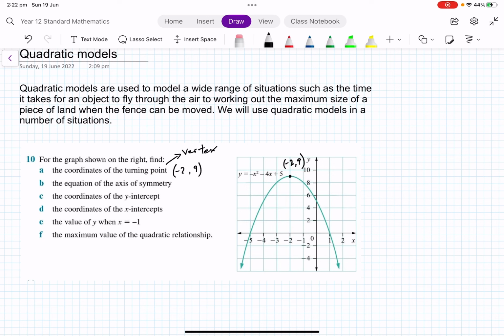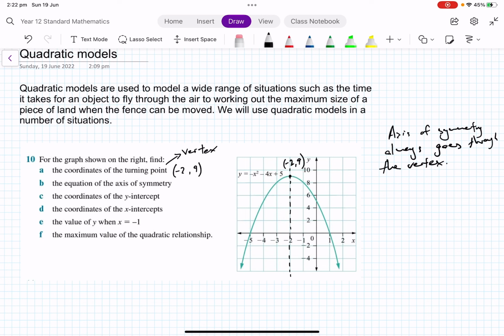The equation of the axis of symmetry. The axis of symmetry is where it is a mirror image on each side, and it always goes through the vertex. And by the way, it's a vertical line.